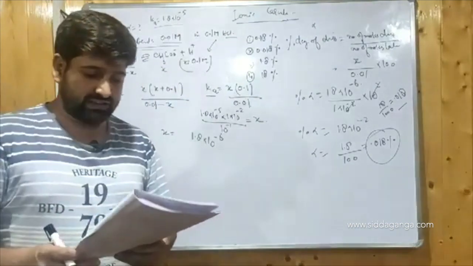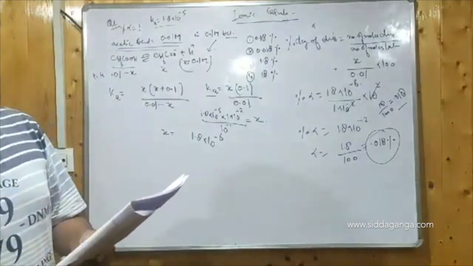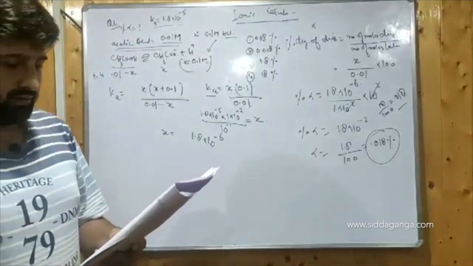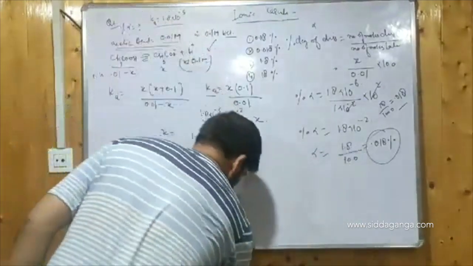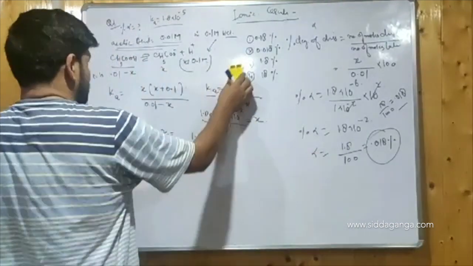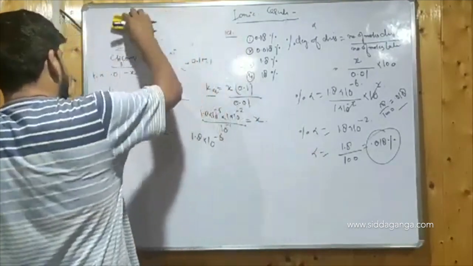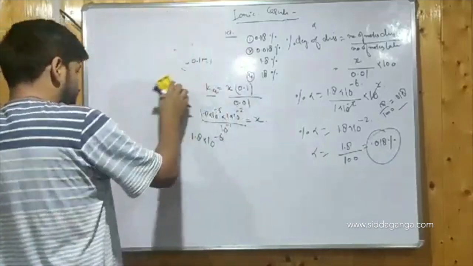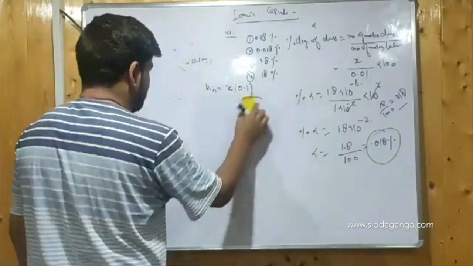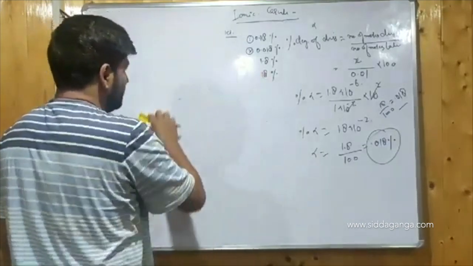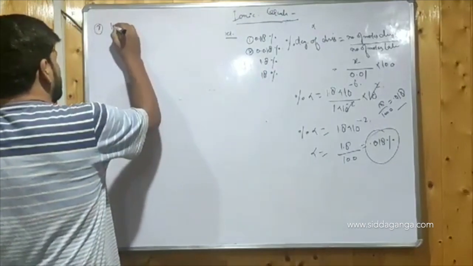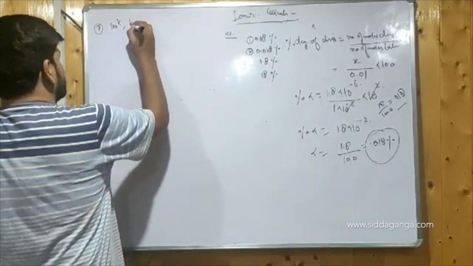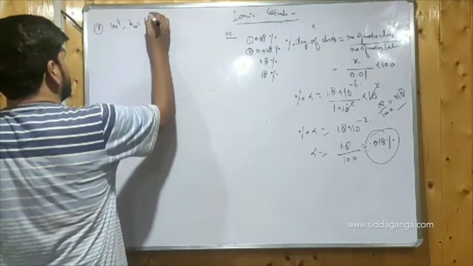So the next question is asking us, at 100 degrees centigrade, Kw equals 10 to the power minus 12. So question number 2, at 100 degrees centigrade, Kw is 10 to the power minus 12.